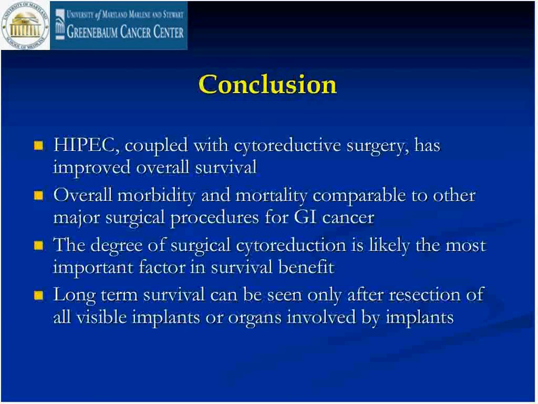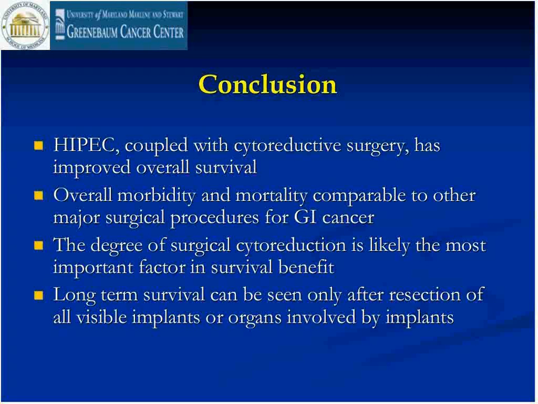I think in conclusion, we know that hyperthermic intraperitoneal chemotherapy coupled with cytoreductive surgery has improved overall survival, especially in patients with colorectal malignancy, appendiceal carcinoma, and mesothelioma. Overall morbidity and mortality is very comparable to other major surgical procedures for GI malignancy.